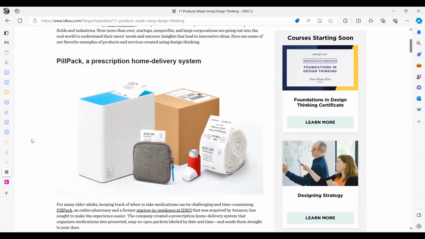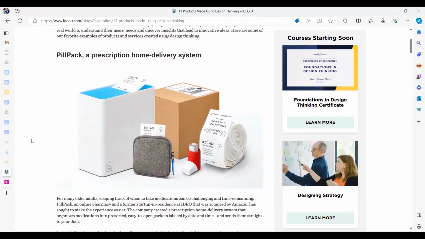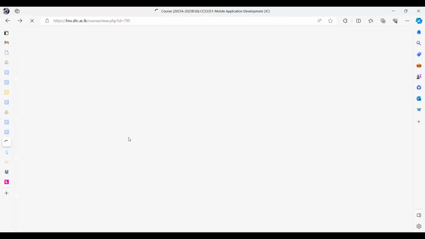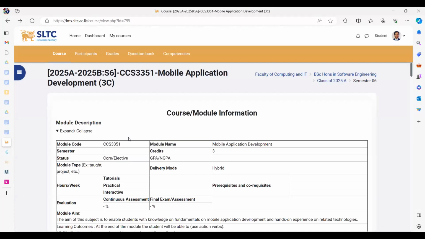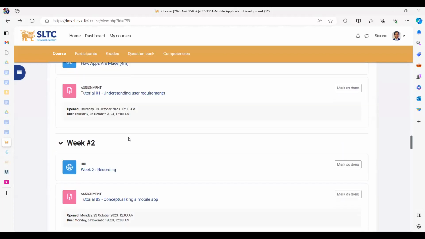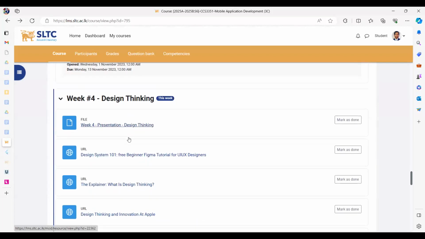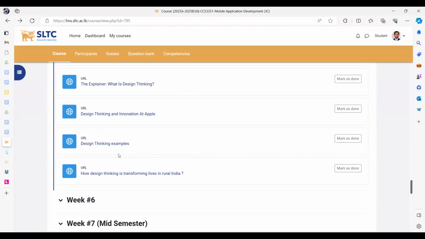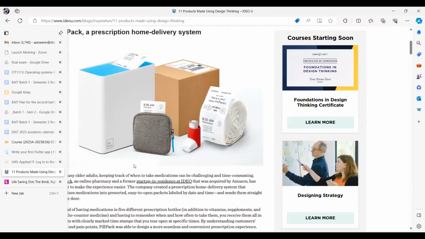What is the problem they are trying to solve? By the way, this is also available in the LMS. You can click and go read this. It's under week 4. Design thinking example, this one, right? So have a look at that.